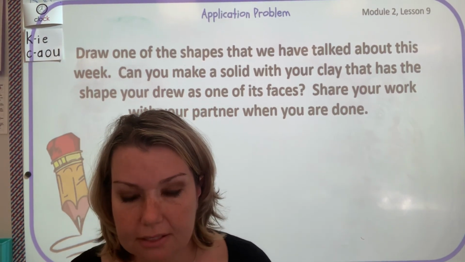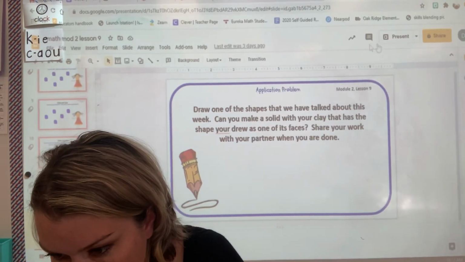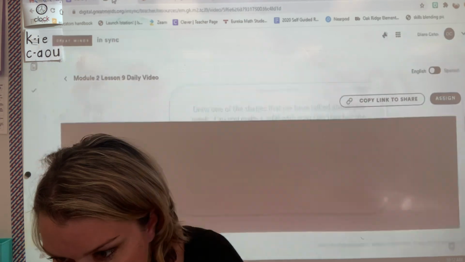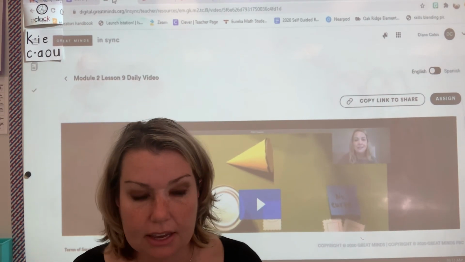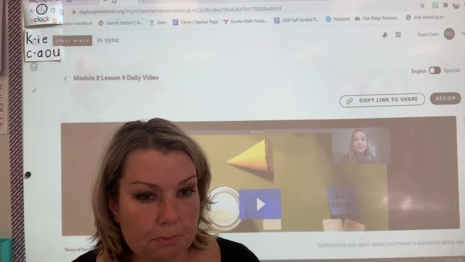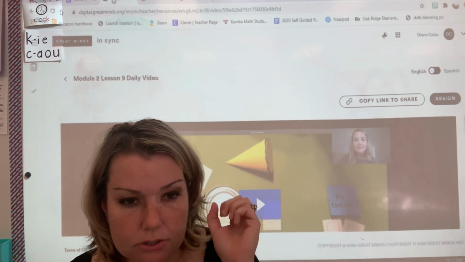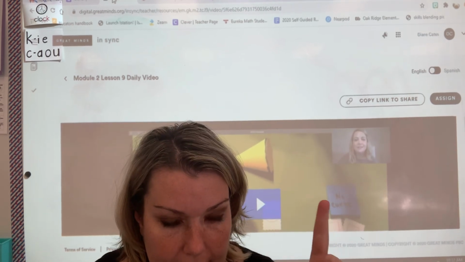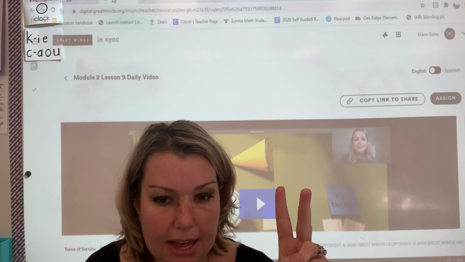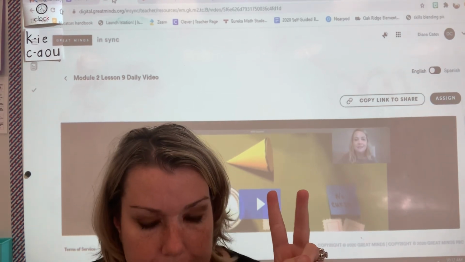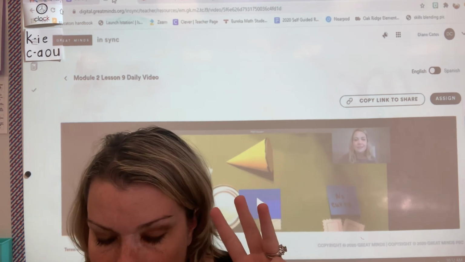Okay, let us go to Miss Hawkins, and she is going to do an activity with us today. So we're going to make sure that we have our materials: 1 can for a cylinder, 1 dice for a cube, and a small ball for a sphere.